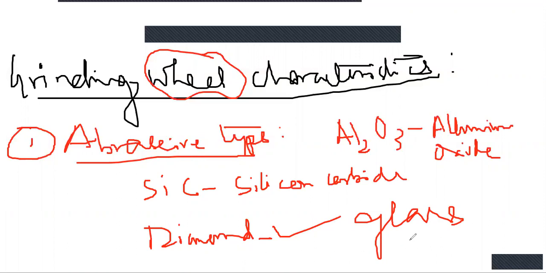Carbide is also a very hard material, so if we want to grind carbide, we use diamond. Another one is ceramics. Ceramics is also a very hard material, so we use diamond.